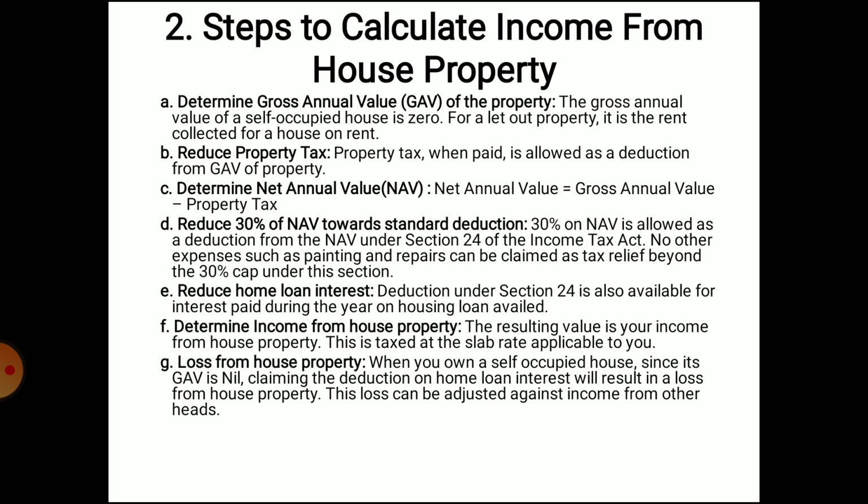Then determine the income from house property, and if there is any loss on house property, like when you own a self-occupied house, since the gross annual value is nil, claiming the deduction of home loan interest will result in a loss. Such loss will be adjusted against the income from other heads or income from other house properties.